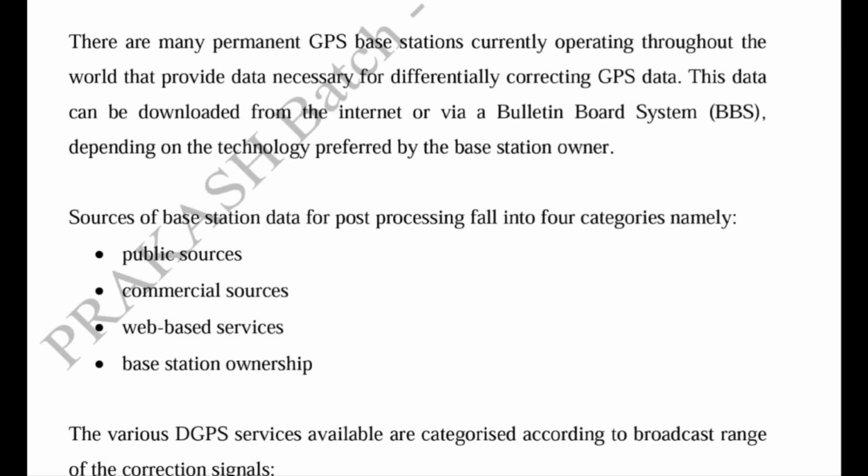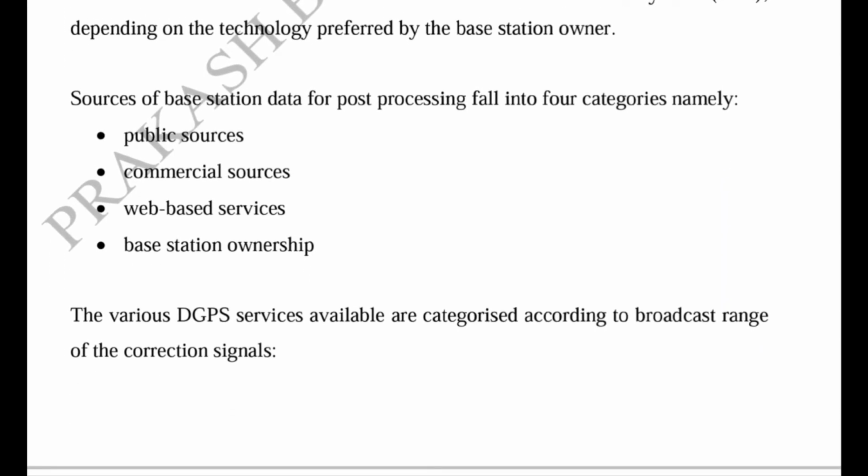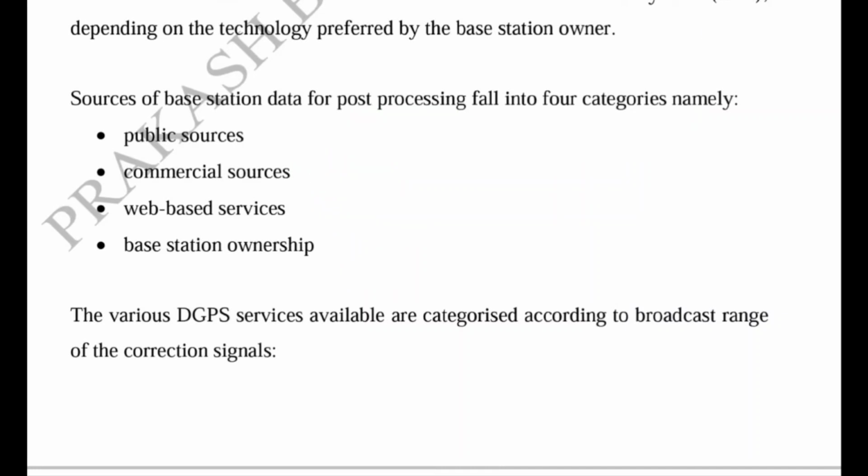What are the sources of these base station data, which are post-processed to correct the rover receiver data? They fall into four categories: public sources, commercial sources, web-based services, and base station ownership.